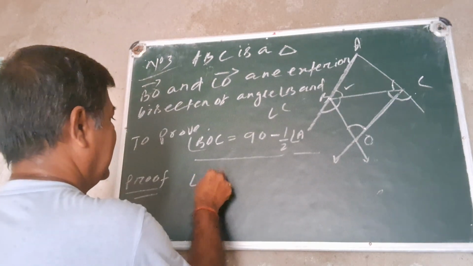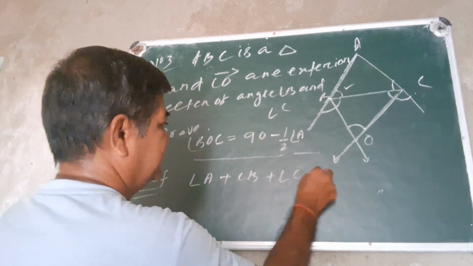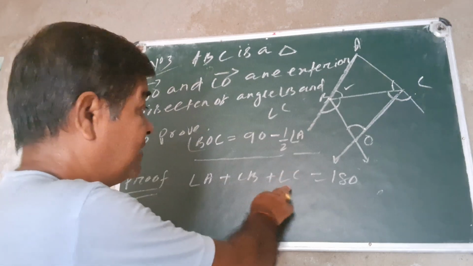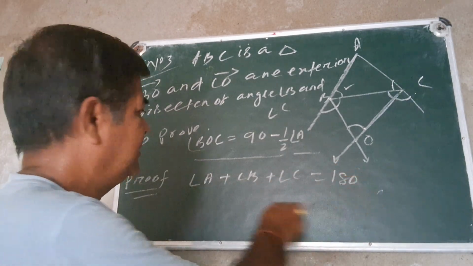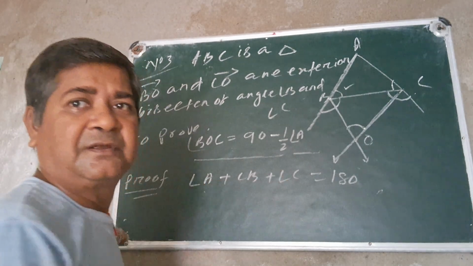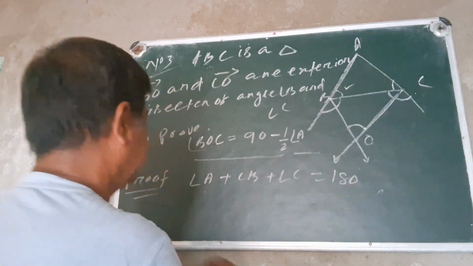Angle A plus angle B plus angle C equal to 180. Yes or no? The sum of three angles of a triangle is 180.